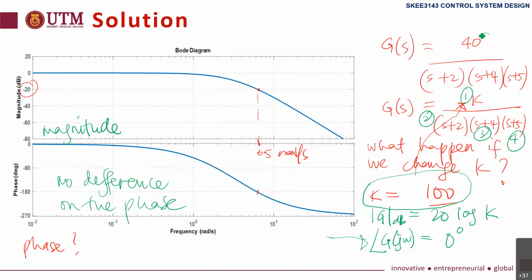It's surely more than 20 log 40, which is perhaps 32. So if we use a higher K, the magnitude will go up, will increase.